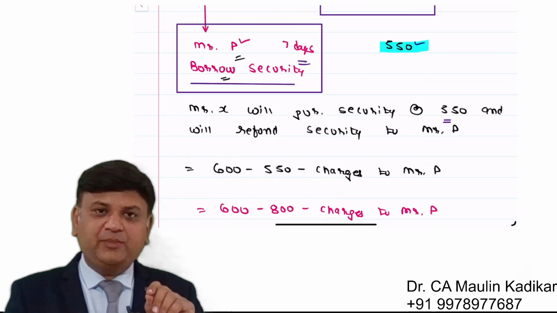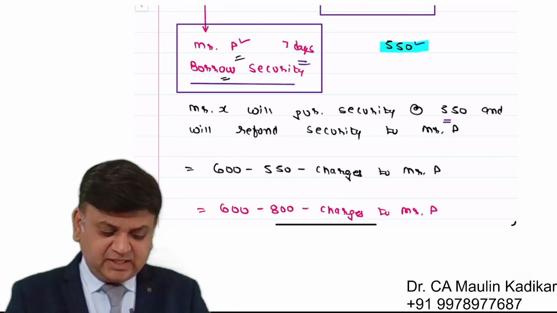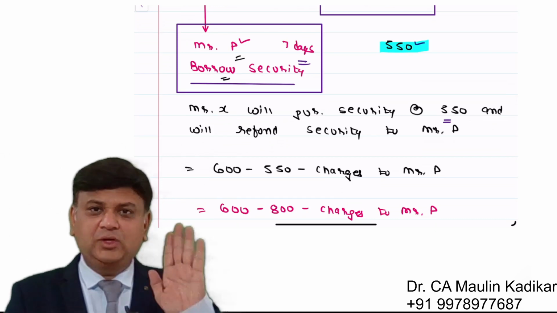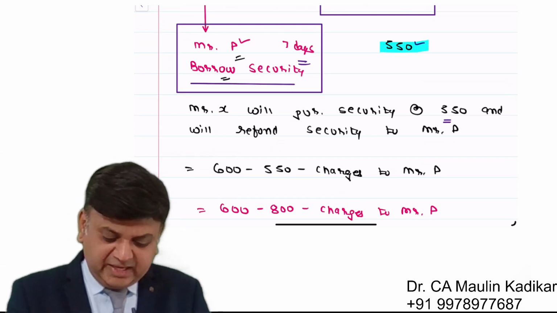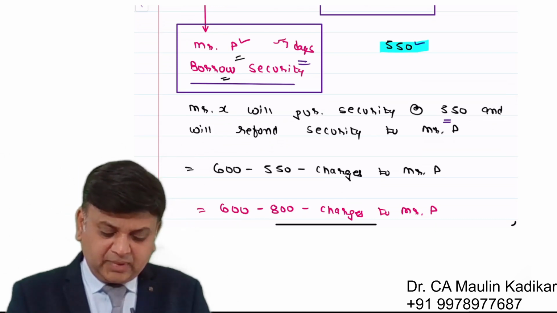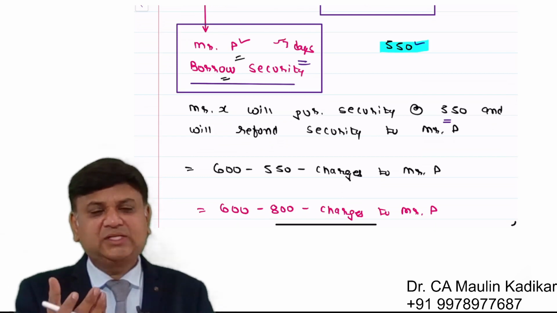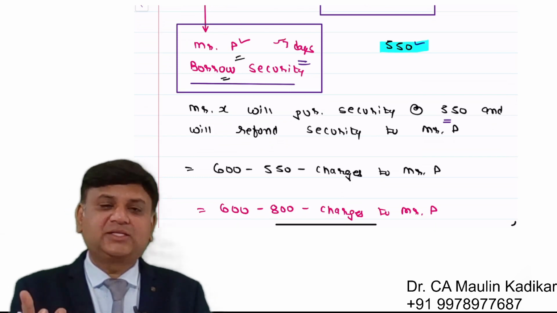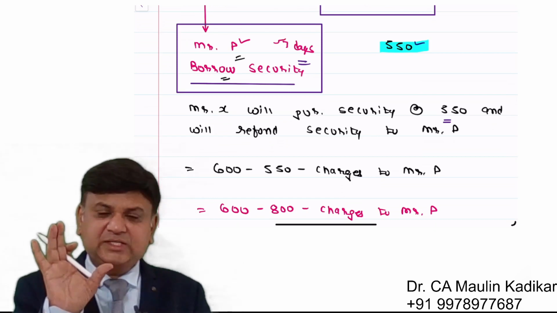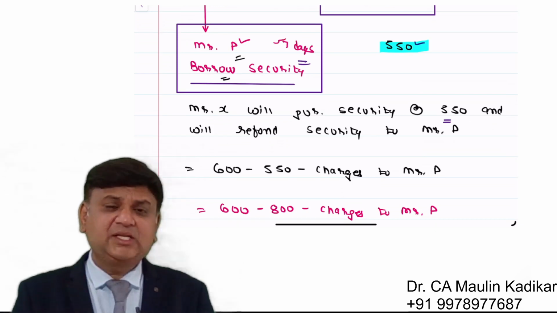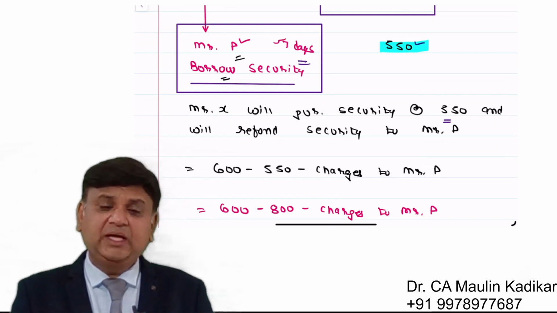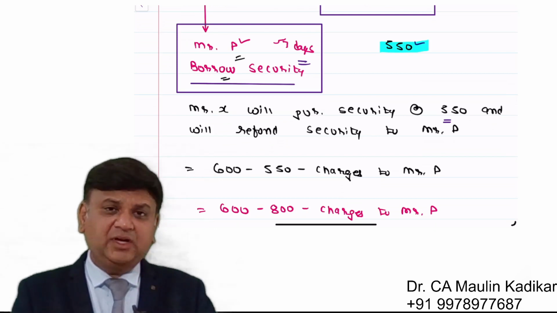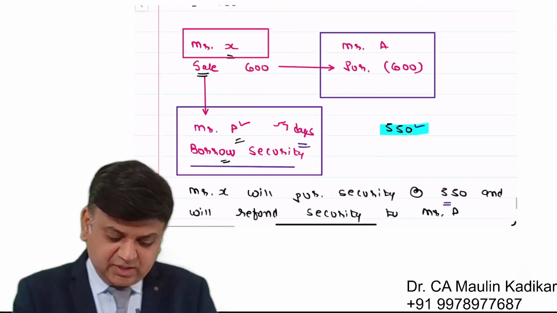So he was otherwise going to hold the security. By lending the stock, he will be able to earn some income without any risk. Because during this time period, if there is any dividend payment to the investor, then that dividend amount is also required to be compensated by Mr. X.